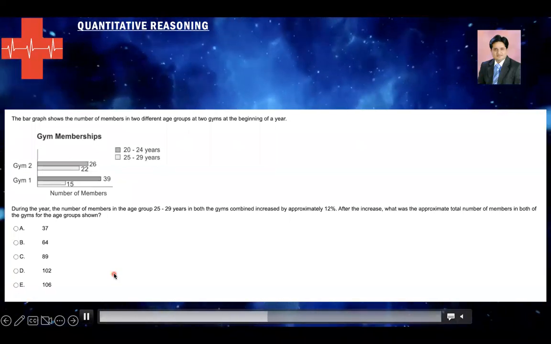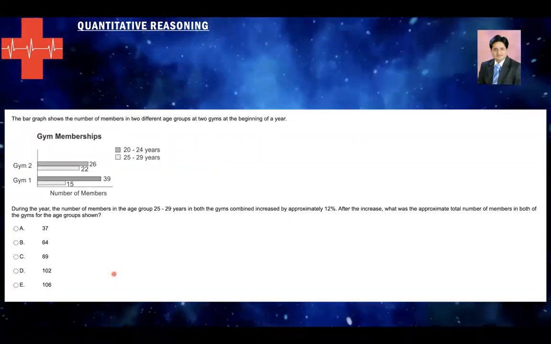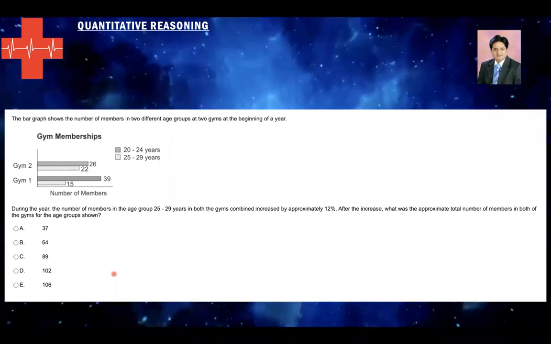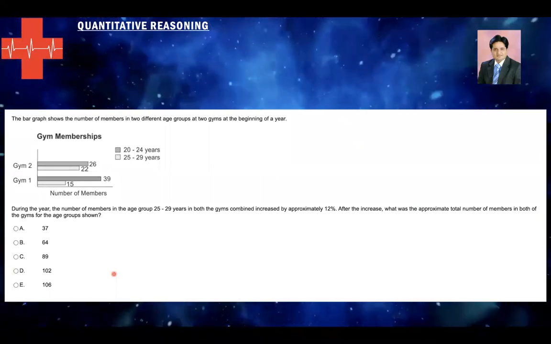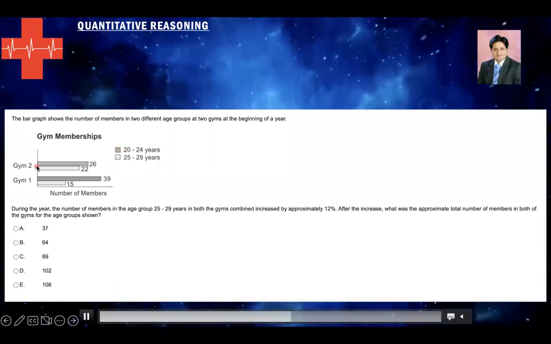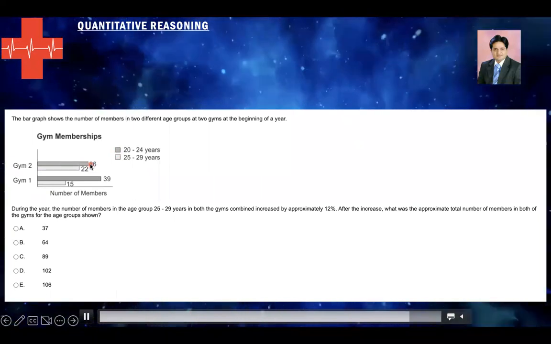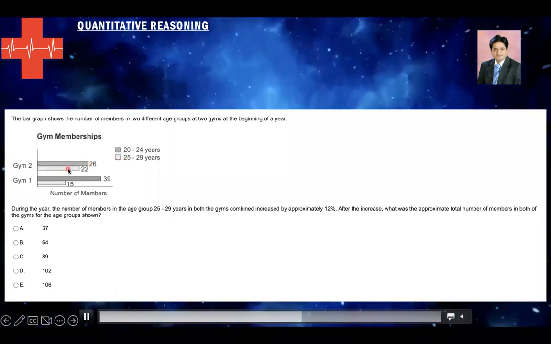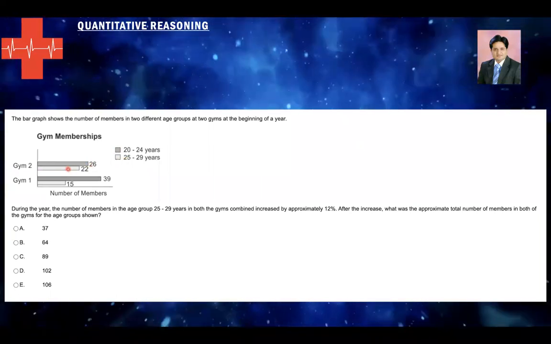All right, here comes your next question. This question is on a bar graph. The bar graph shows the number of members in 2 different age groups at 2 gyms at the beginning of a year. The dark bar represents the 20 to 24 age group, and the light bar represents the 25 to 29 age group.